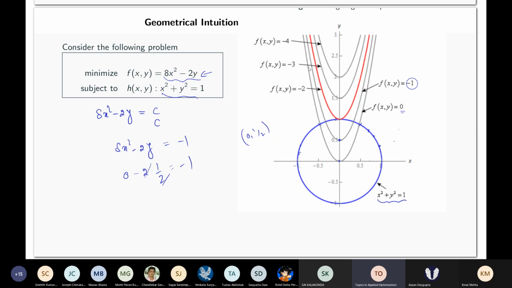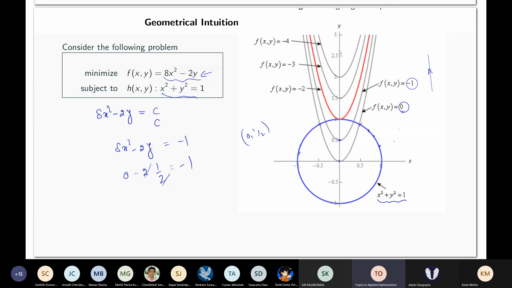Now, looking at the values the level curves take, if we go in this direction, the value of f(x, y) is 0 for the level curve drawn here. This one is -1, which is further minimum. This red one is even more minimum, -3 is going more minimum.